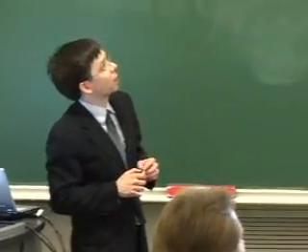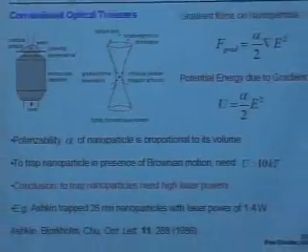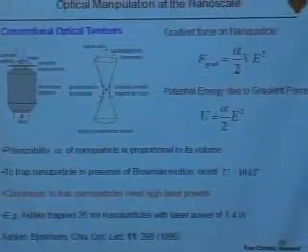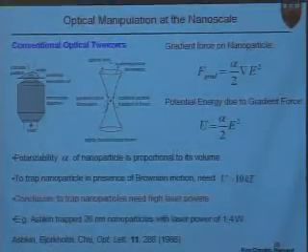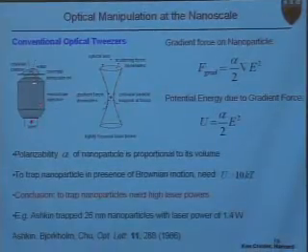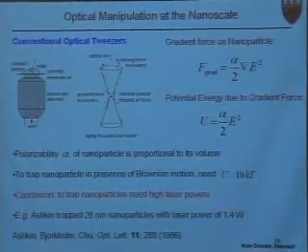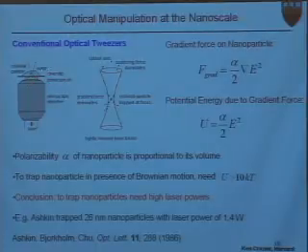So in the last section of my talk, I'd like to talk about optical manipulation at the nanoscale. By that, we're interested in developing new types of microfabricated structures useful for trapping and manipulating nanoparticles and microparticles, like optical tweezers. With conventional optical tweezers, one takes a high numerical aperture microscope lens and focuses a laser down to a small spot.